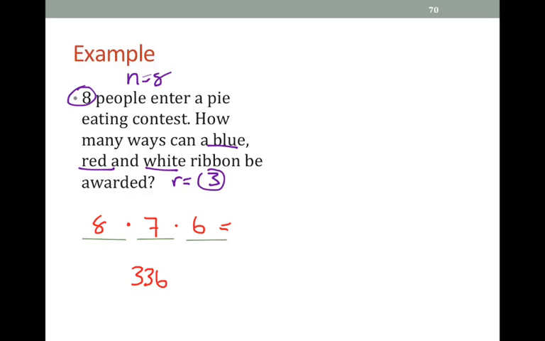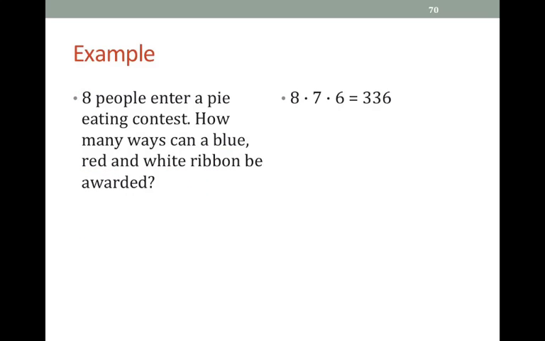So it would be nice if we had some sort of a way of doing this methodically when we're given a certain number of people with a certain number of choices of positions that they might have to hold. And so we try to understand a rule. One way to do that is to look at 8 times 7 times 6, which could be rewritten as 8 times 7 times 6 times 5 times 4 times 3 times 2 times 1 over 5 times 4 times 3 times 2 times 1.